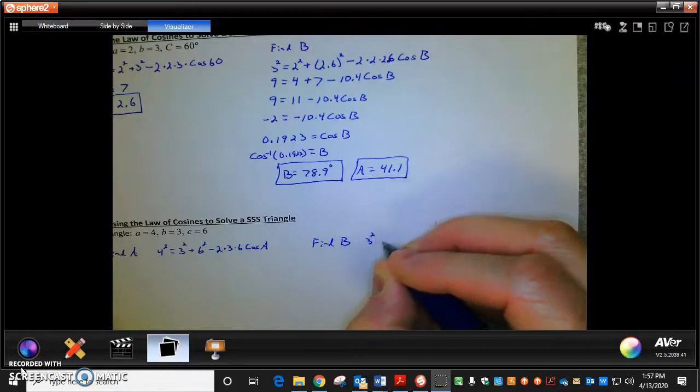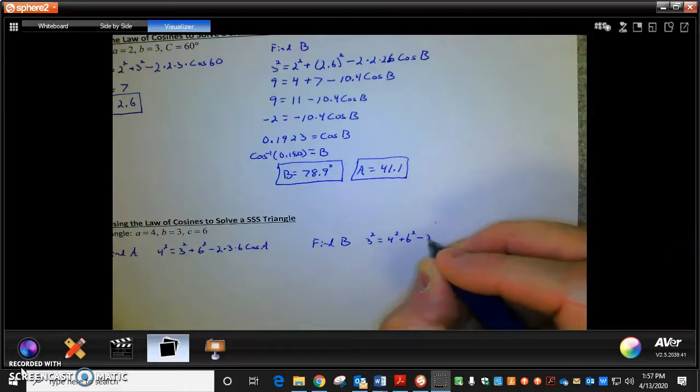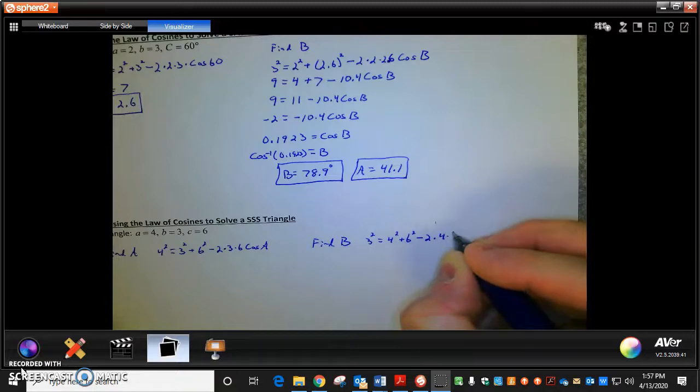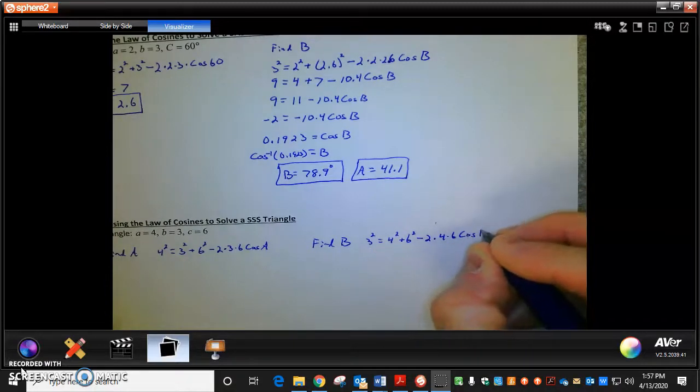So 3 squared equals, and then it's going to be 4 squared plus 6 squared minus 2 times 4 times 6, those same 2 numbers just without the squares, cosine of big B.